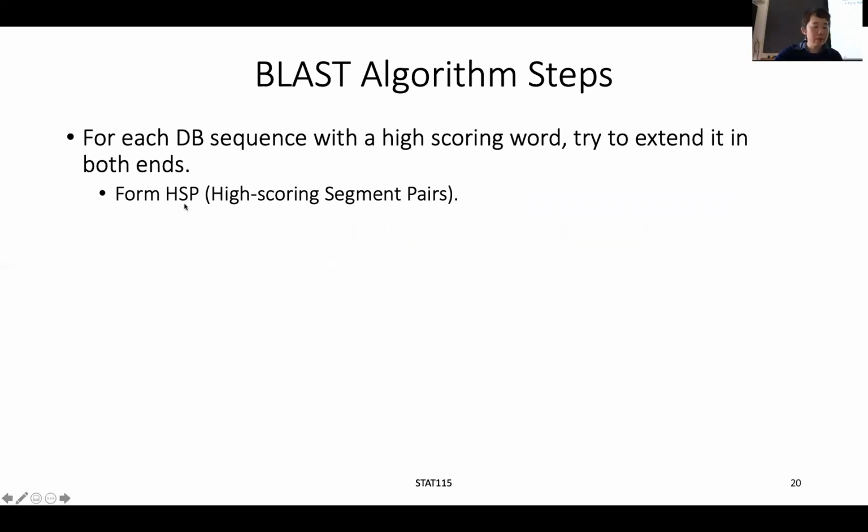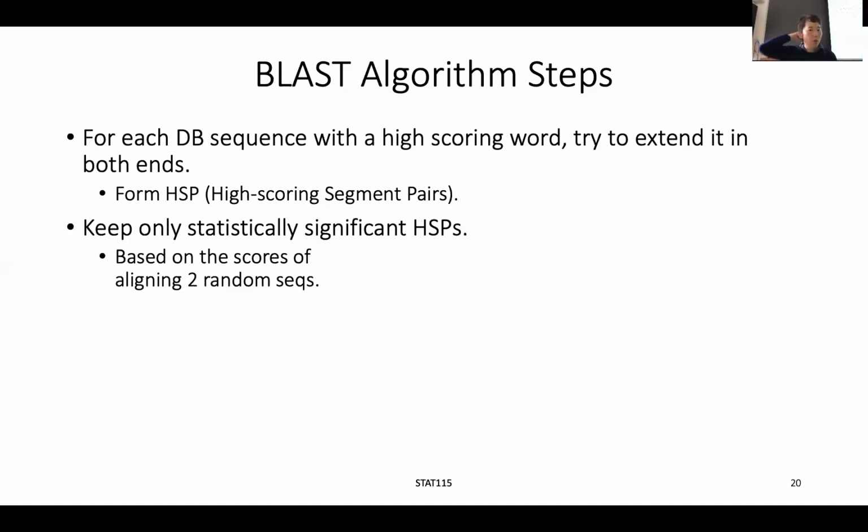They form something called high scoring segment pairs, which means that on this one long sequence, there's a region that matches here, there's a region match, there's a region match. And the next part is we want to only keep the statistically significant high scoring matches, based on the likelihood, in this whole existing database, that you will see some kind of a match like this.